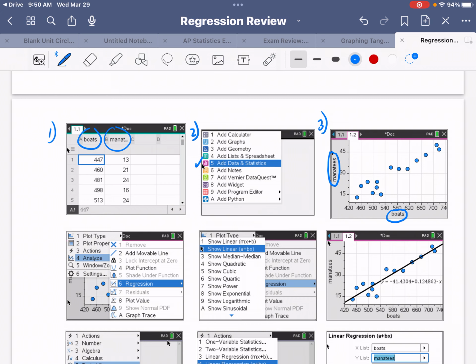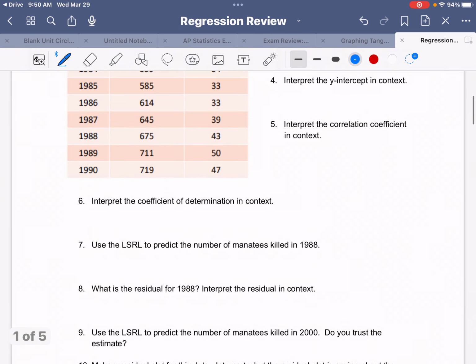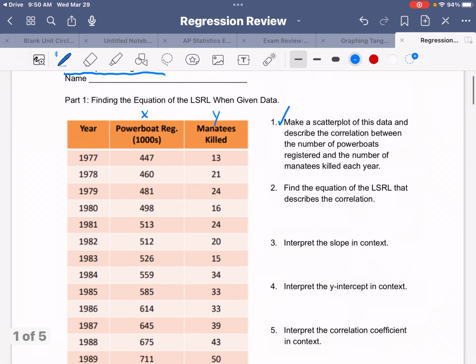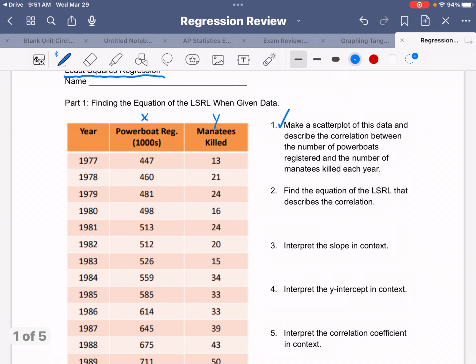So the first thing that we're supposed to do is describe what we see in this scatter plot. So remember that when you're describing what you see in a scatter plot, we used SOFA. The S stands for strength.